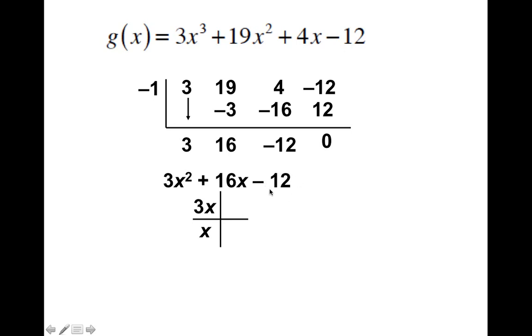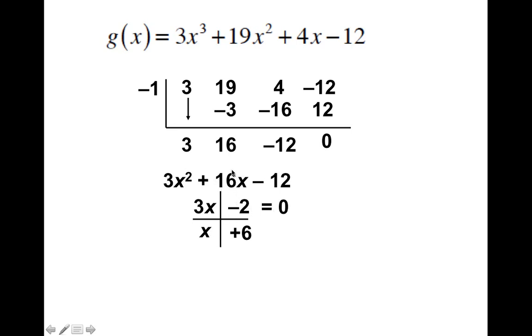Then we have to multiply up to -12. So it's either going to be 3 and 4 or 6 and 2. In this case, it has to be 6 and 2, where the 2 is negative. When you cross multiply to check, 3x times 6 is 18x. And then we have minus 2x, which does give us our middle term.